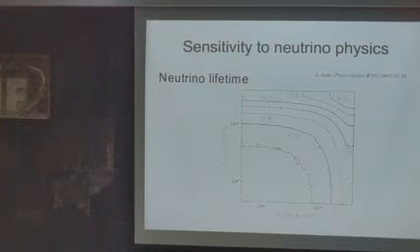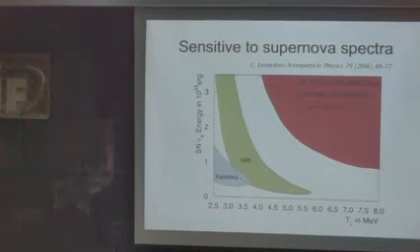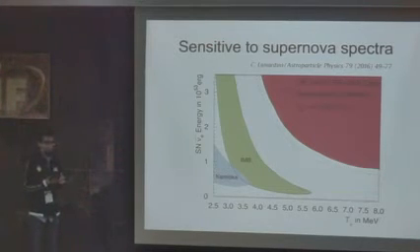And you can do this exercise not only for active neutrinos, well, for active neutrinos decaying to active neutrinos plus something, and this plus something can be sterile neutrinos. So you can play a lot with the neutrino lifetime. But you can also learn some information about the supernova physics.